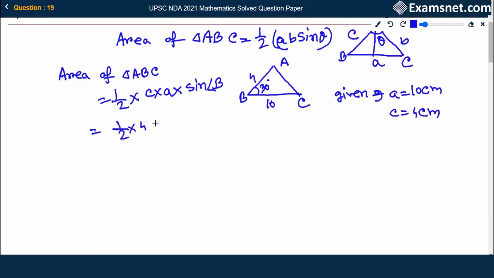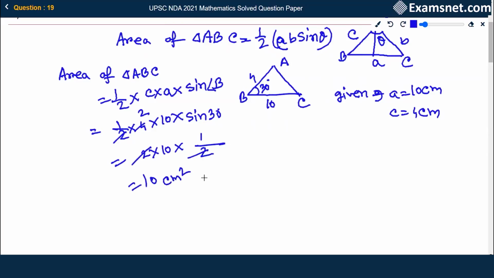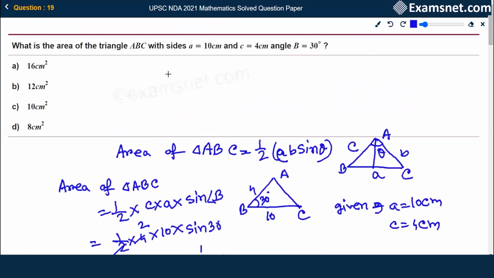So half multiplied by 4 multiplied by 10 multiplied by sine 30 degree. So here 2, 10. We know the value of sine 30 degree is half. So 10 centimeter square is the answer. Let's check with the options. Yes, option C is the correct one.